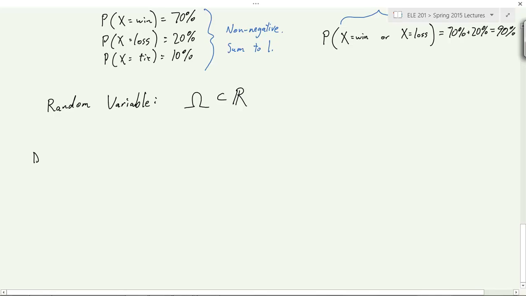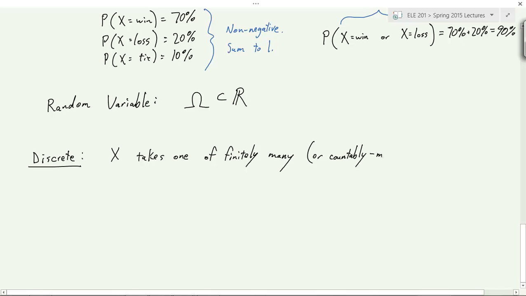There are a couple types of random variables I'd like to distinguish between: discrete and continuous. So we'll talk about discrete first. Discrete is that X takes one of finitely many possible outcomes. In fact, it doesn't have to be finitely many. It could be countably many. Countably many means it could be infinite, but it has to be a certain type of infinite that you could list in a sequence.